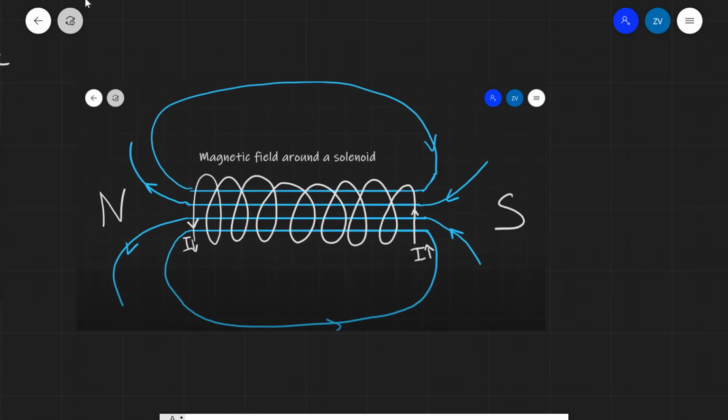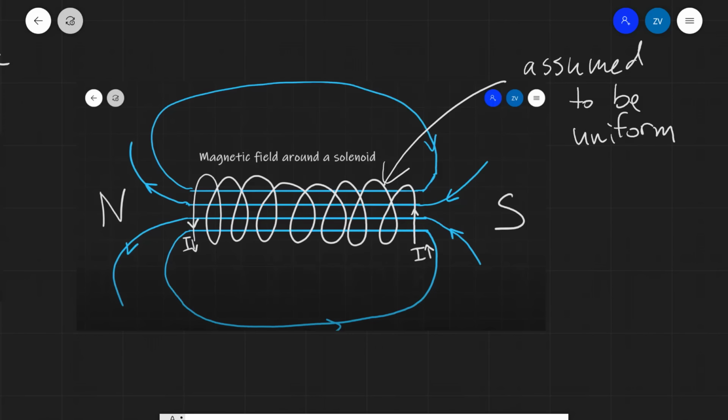Please pay attention that the magnetic field inside of the solenoid, so in this region here, can easily be assumed to be uniform. So this is really important, assumed to be uniform like so.